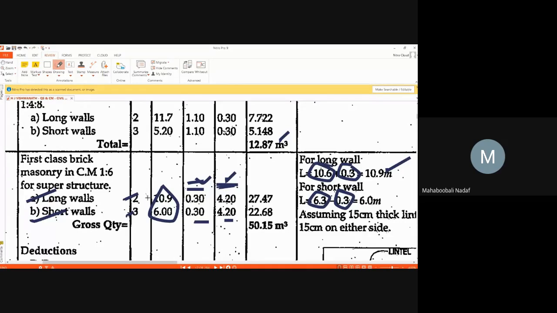So here they have written 10.9. Here 6.3 minus 0.3 will come 6. So that is why they have written 6. Multiply all, you will get 27.47. Multiply all this, you will get 22.68. You add, you will get 50.15.